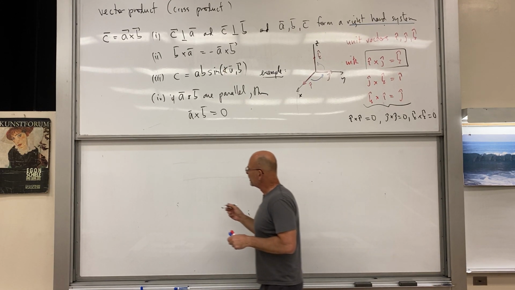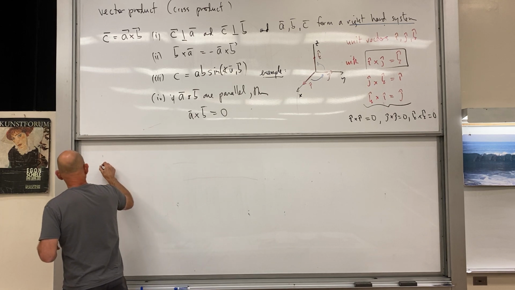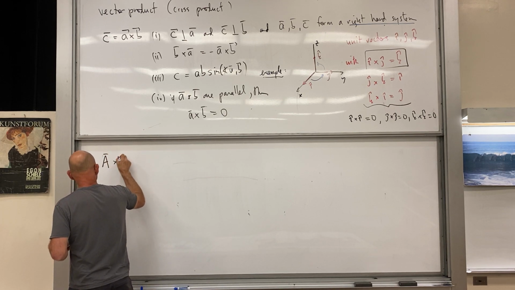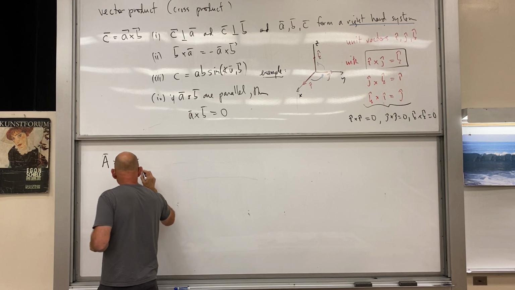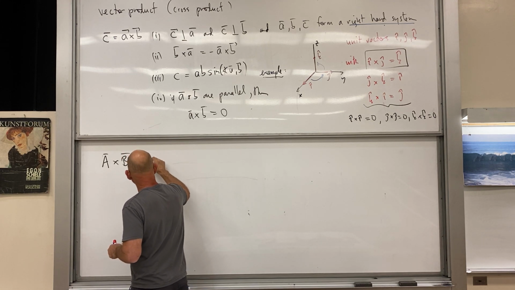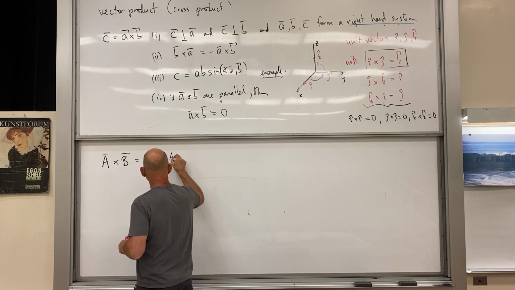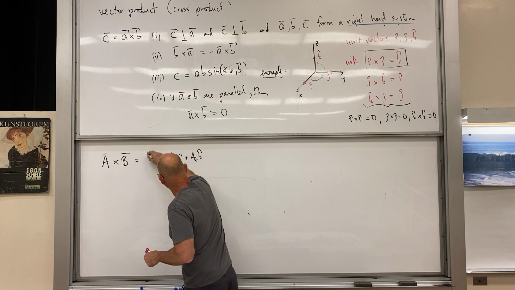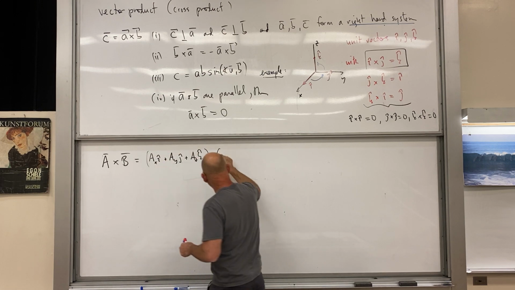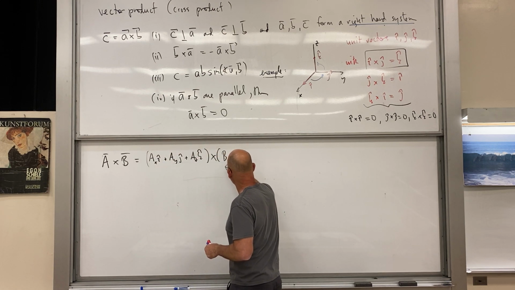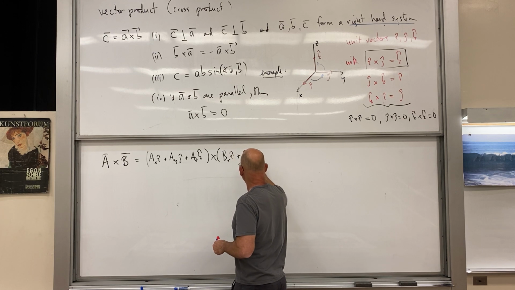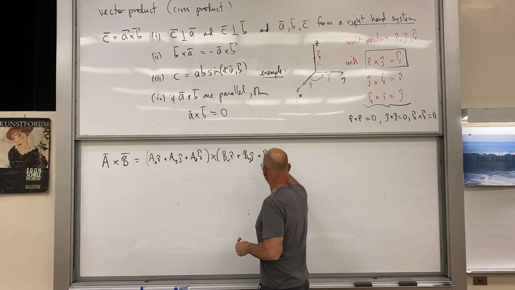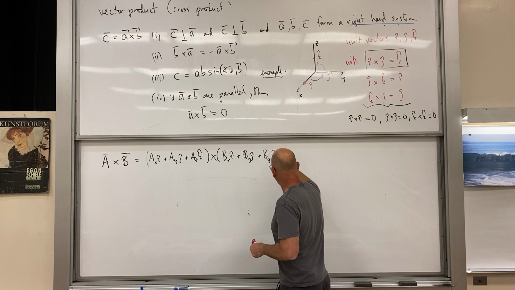So one thing you can do is say A cross B equals AX I hat plus AY J hat plus AZ K hat cross product BX I hat plus BY J hat plus BZ K hat.